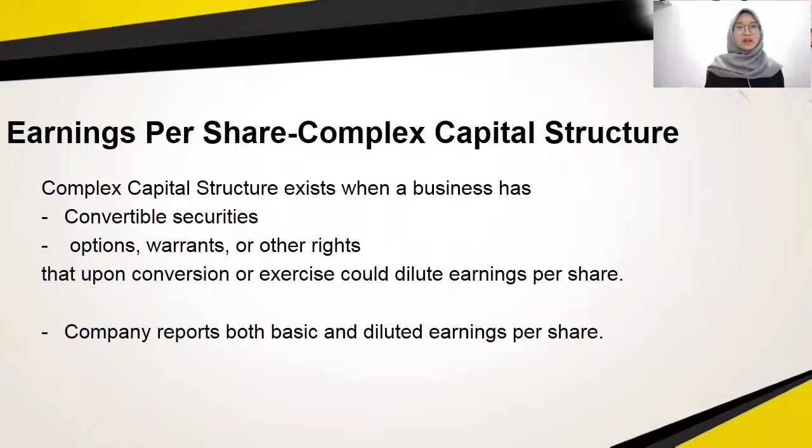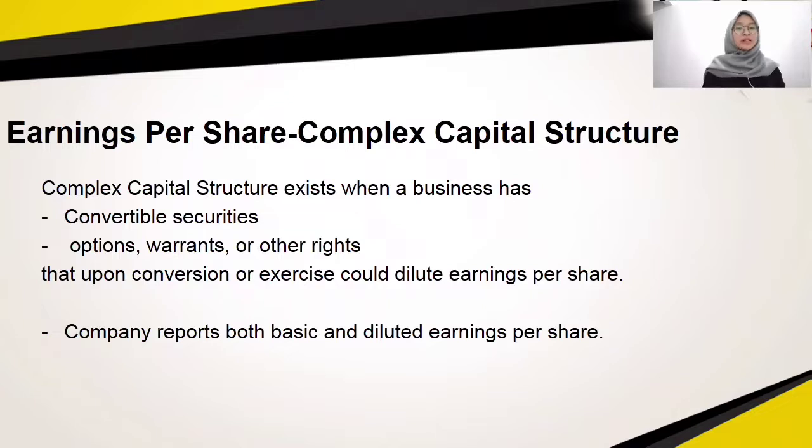And the next material, we are going to discuss earnings per share for a complex capital structure. A complex capital structure exists when a business has first, convertible securities, and second, options, warrants, or other rights that upon conversion or exercise produce diluted earnings per share.